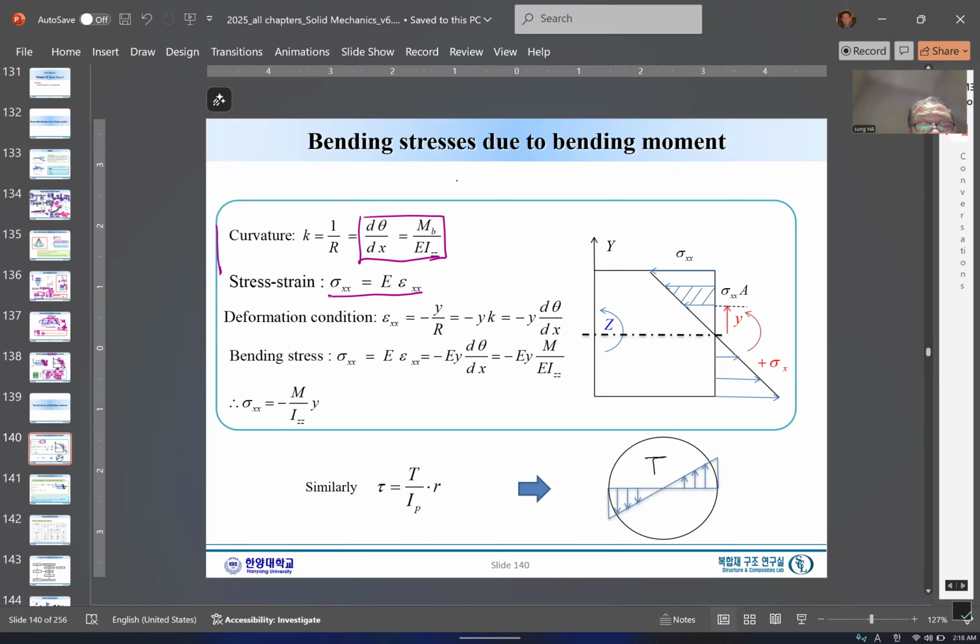And this was the stress-strain equation, and this one was the strain from a deformation condition, right?